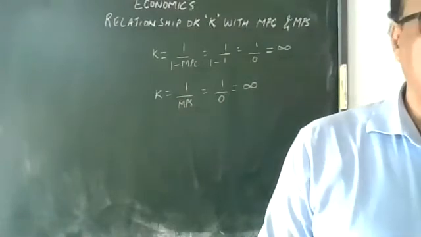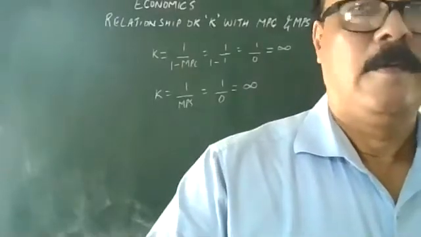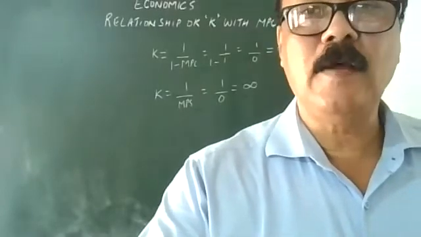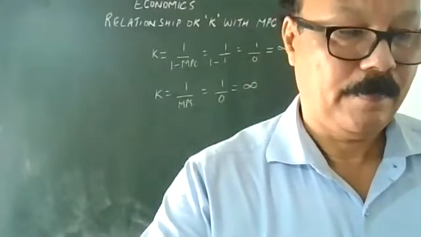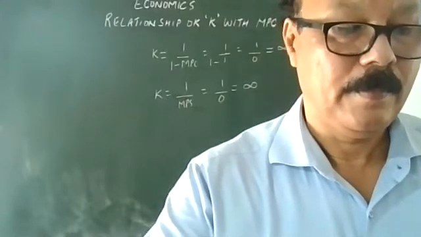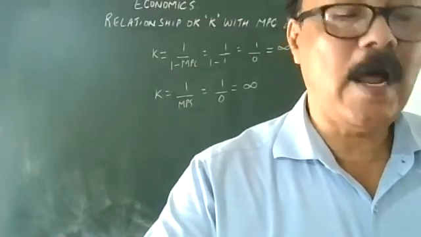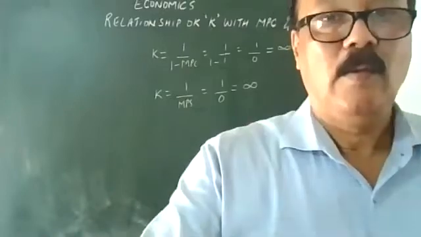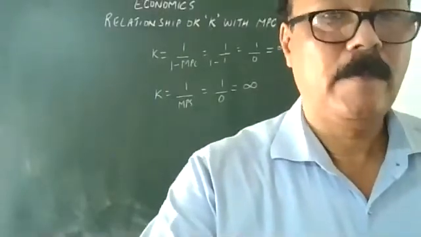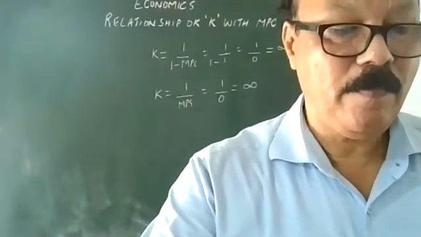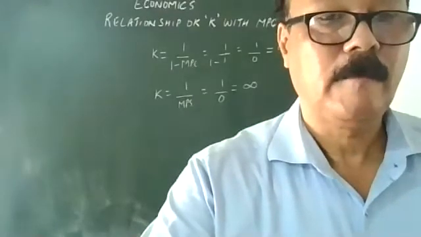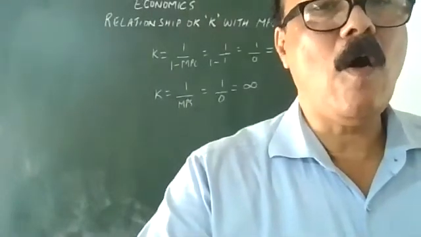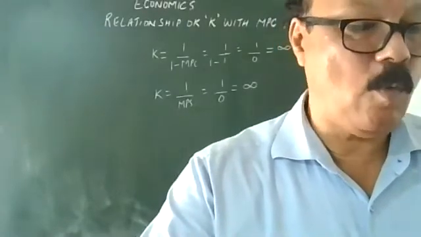The minimum value of the multiplier is 1 when the value of MPC is 0 or MPS is 1.